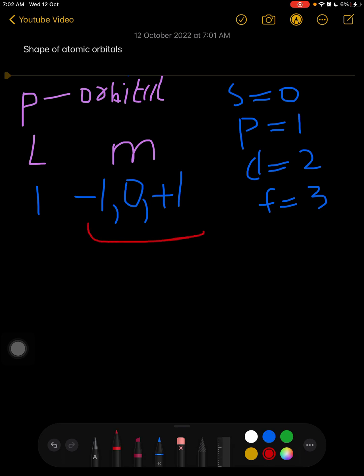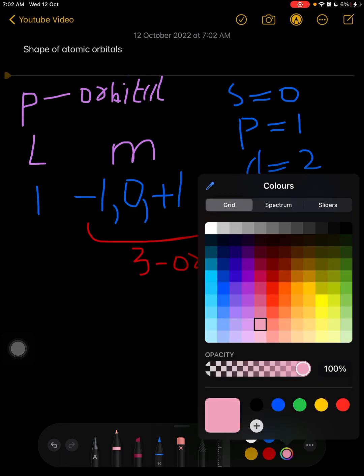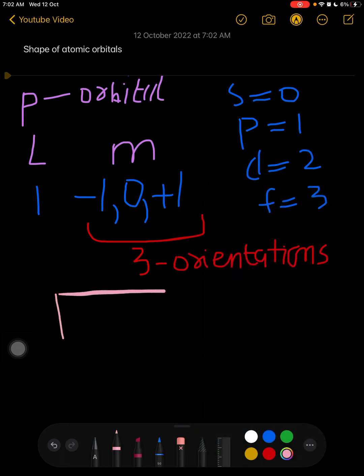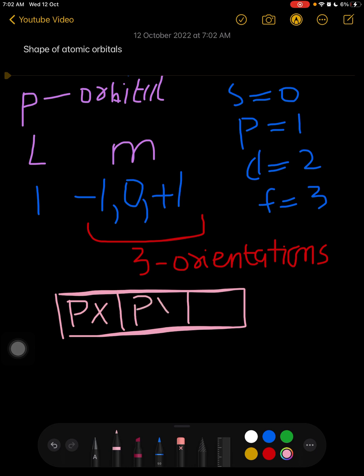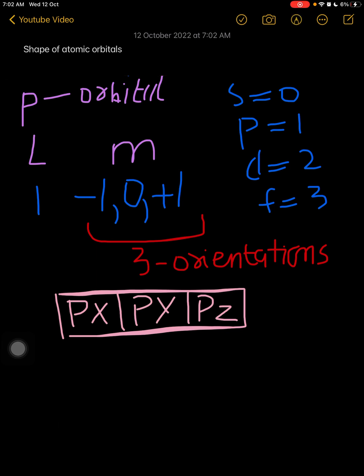It means there will be 3 orientations of the p orbital. There will be 3 axes, which will be termed px, py and pz. Now we will look at the shapes of these orbitals px, py and pz.